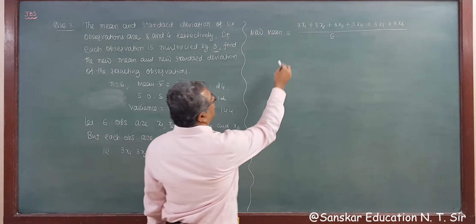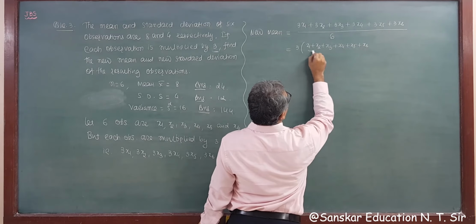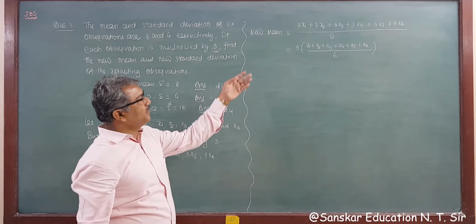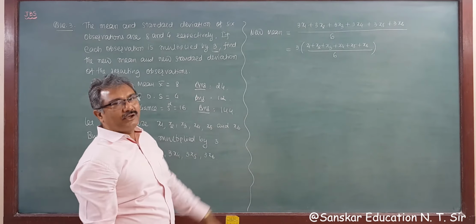So 3 is common, so the remaining will be x1 plus x2 plus x3 plus x4 plus x5 plus x6, divided by 6, and this is nothing but your x bar, the sum of the 1 to 6 observations divided by 6.